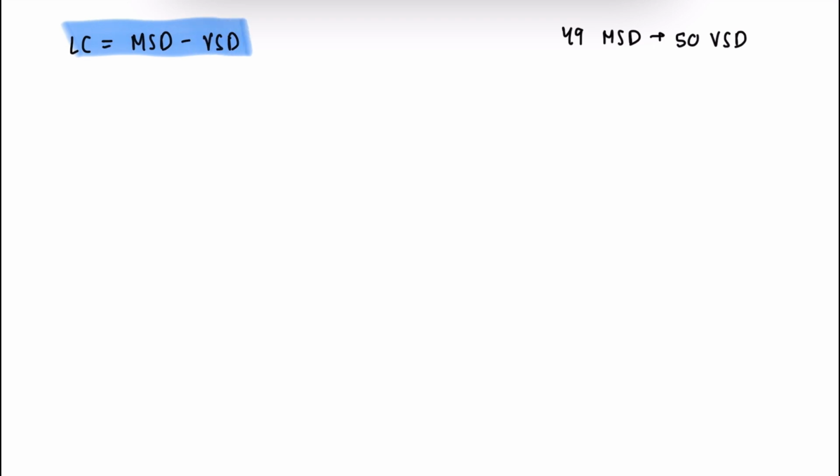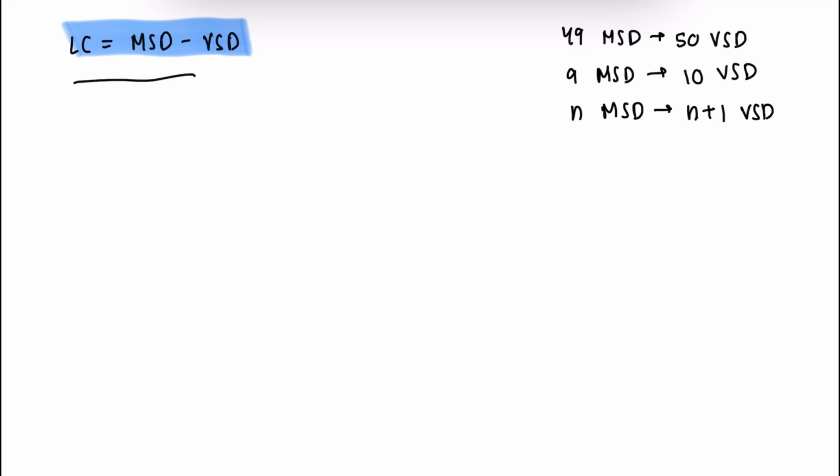However, this can only be applicable in a certain case. For example, we used this formula right here when 9 MSD were coinciding with 10 VSD. And similarly, we could use this in all the cases where n MSD are coinciding with n plus 1 VSD.